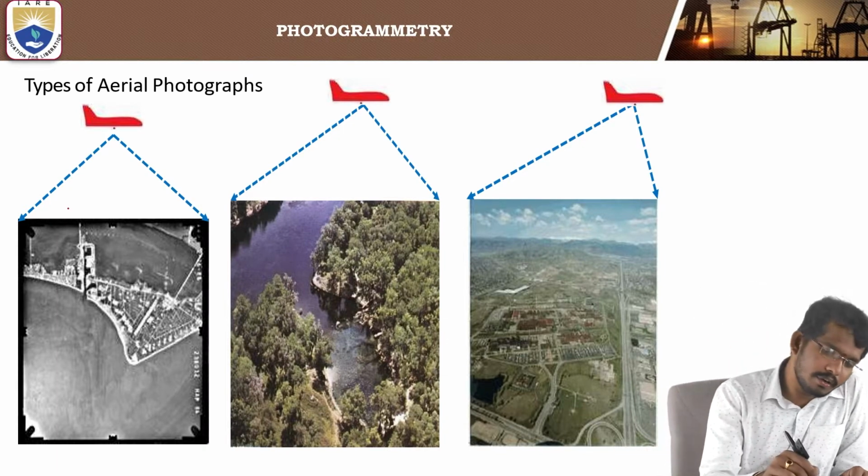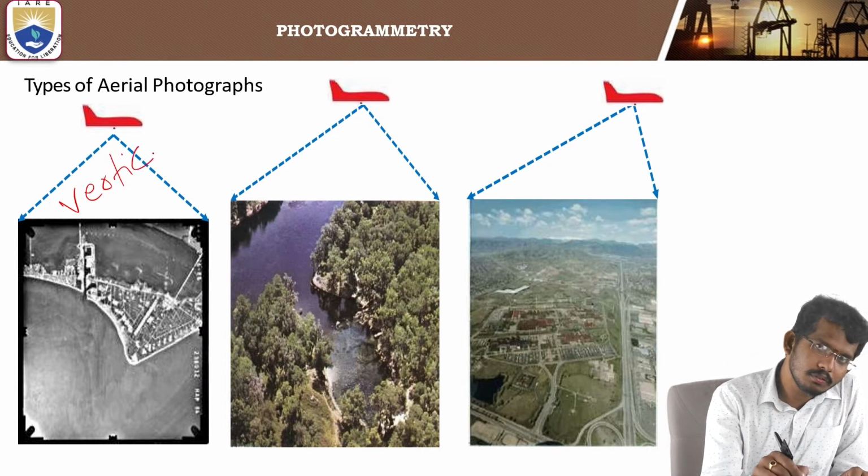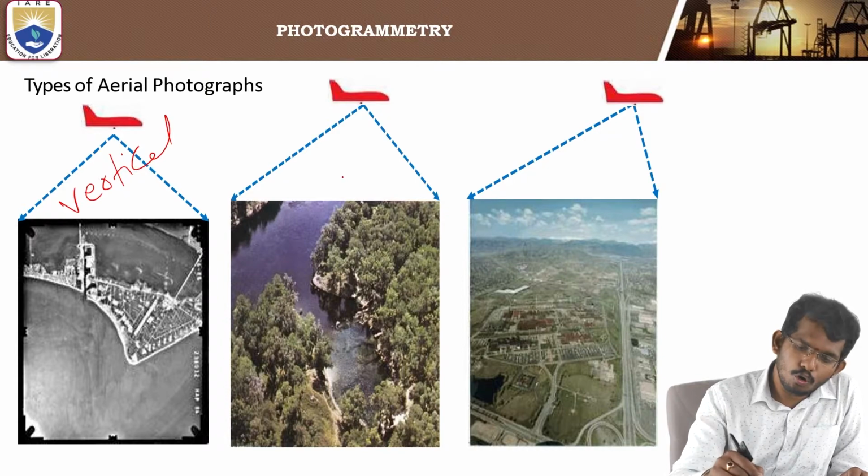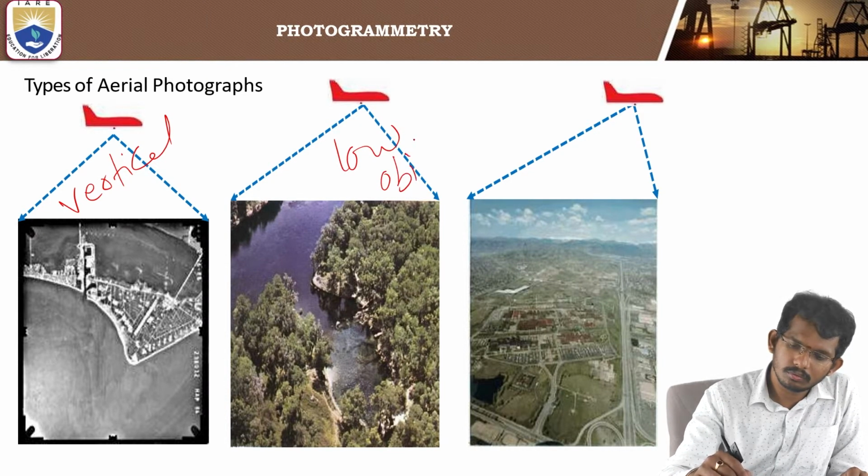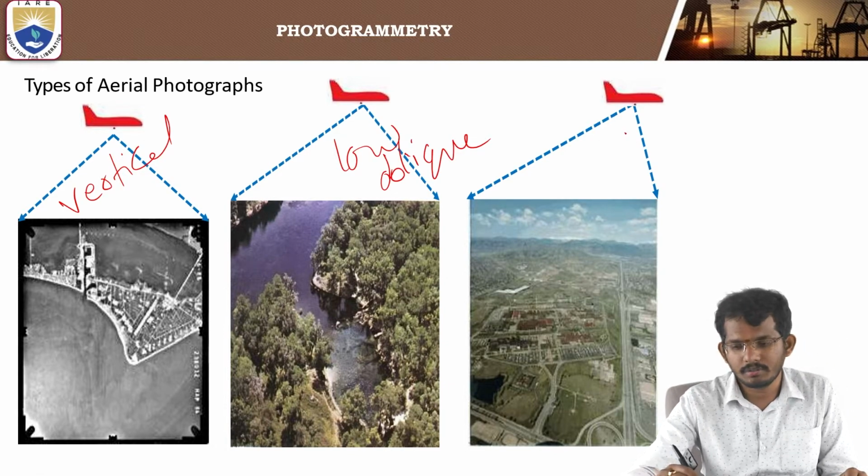This is called a vertical photograph. This is called a low oblique photograph. This is called a high oblique photograph.